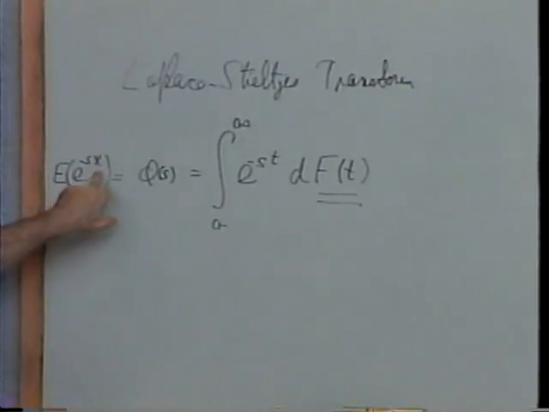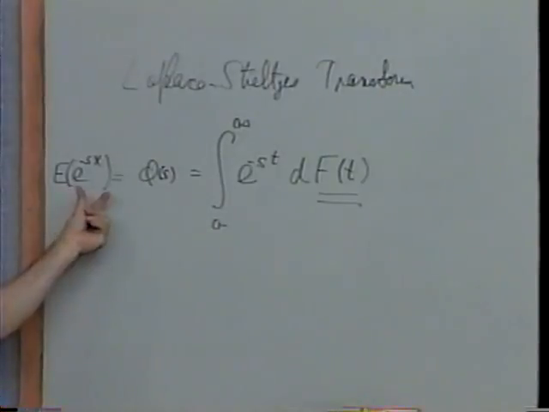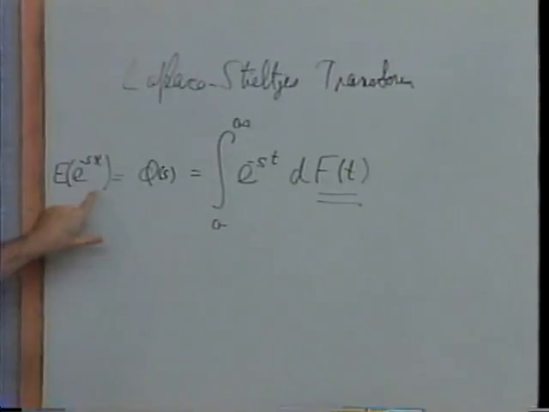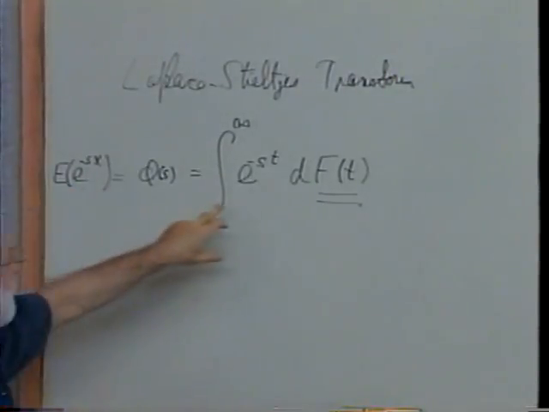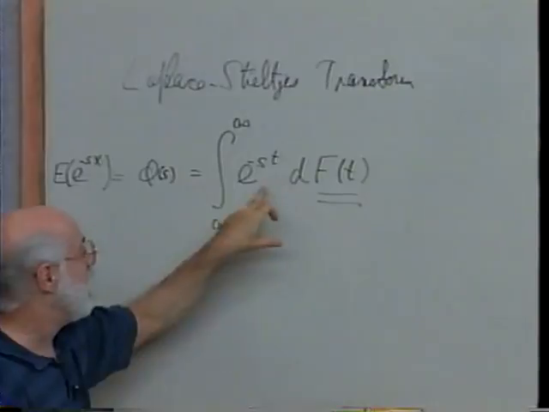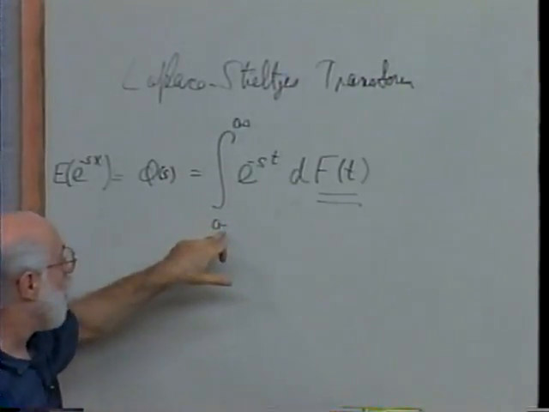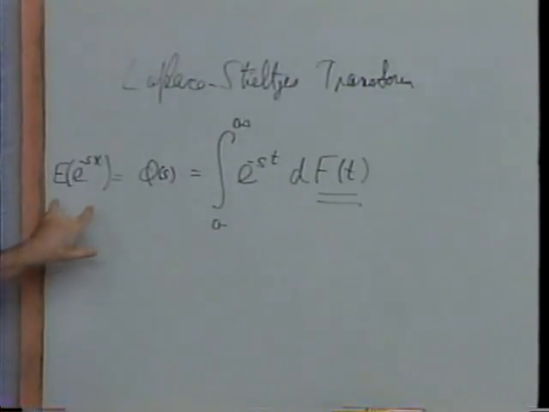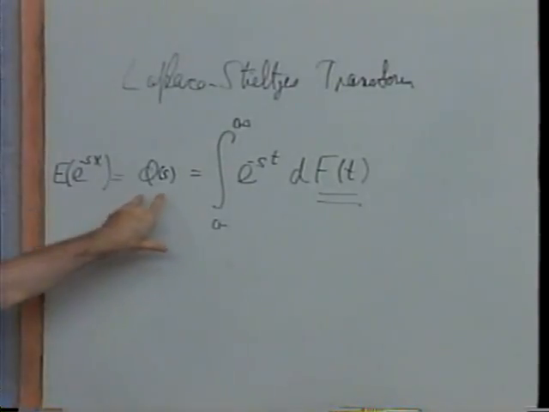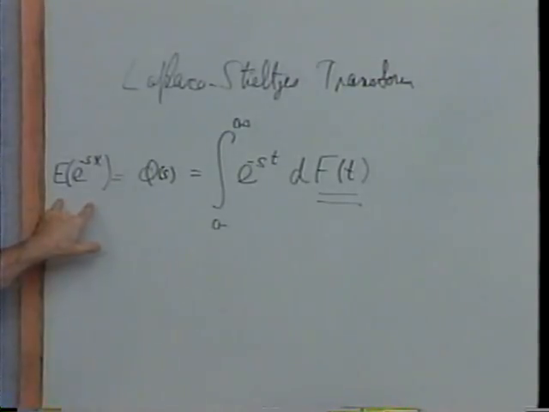If I have a random variable x, and I form a function by making that the exponent of e to the minus sx, so that it's a random function, then the expected value of this new random variable is equal to the values that the new random variable takes times the probability it takes them, added up over all possible values. So technically, this transform is an expected value. That'll turn out to be a useful property. Okay, we'll start from there next time.